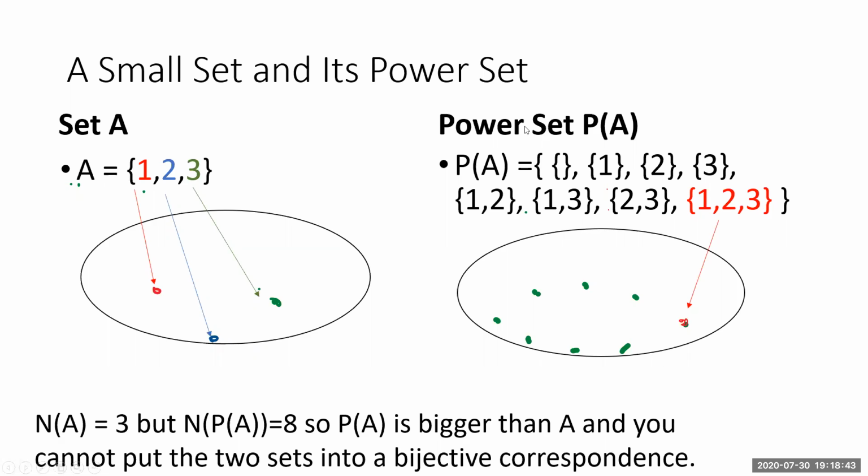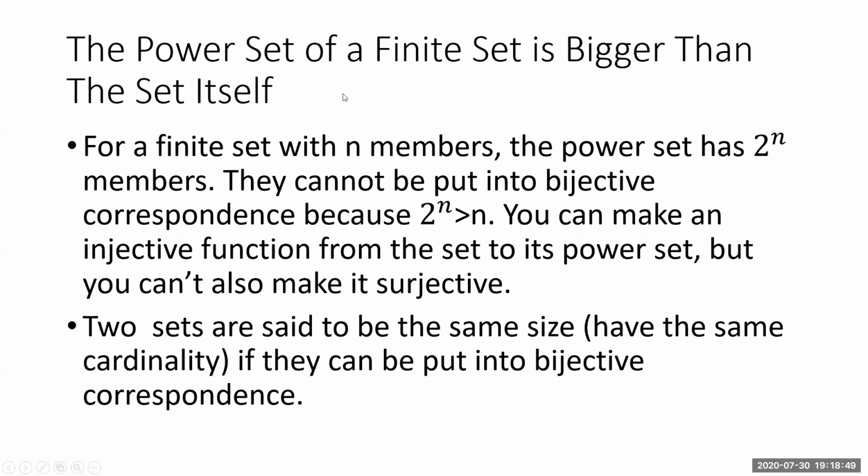That's easy to see when you're talking about finite sets. Just to make it more formal, a finite set with n members has 2 to the nth different subsets, and that's bigger than n, so there's no one-to-one correspondence. So the cardinality of the power set's bigger than the cardinality of the set itself.